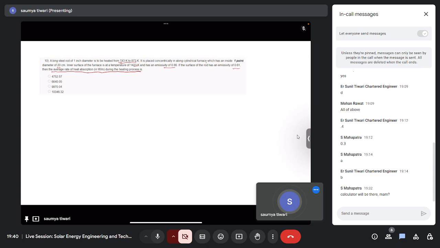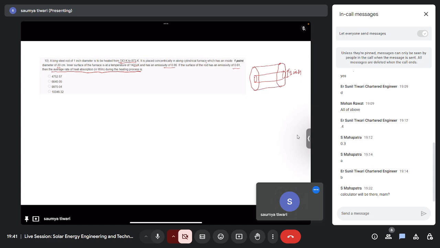Okay, let's solve this question. What's given in the question is we have a long steel rod. Its diameter is 1 inch. It is placed concentrically in a cylindrical furnace.